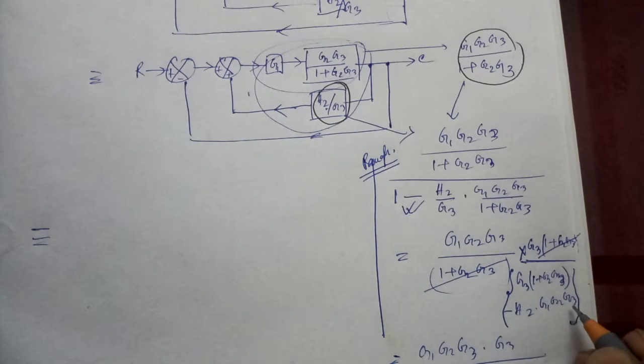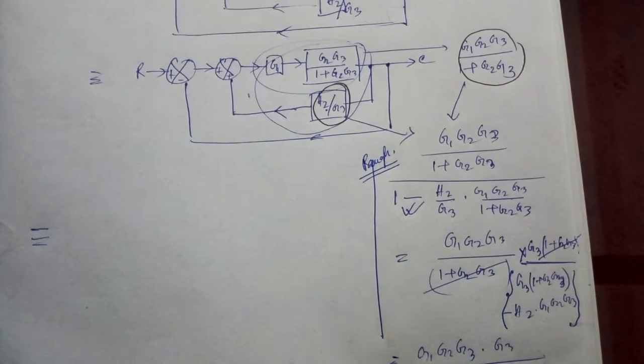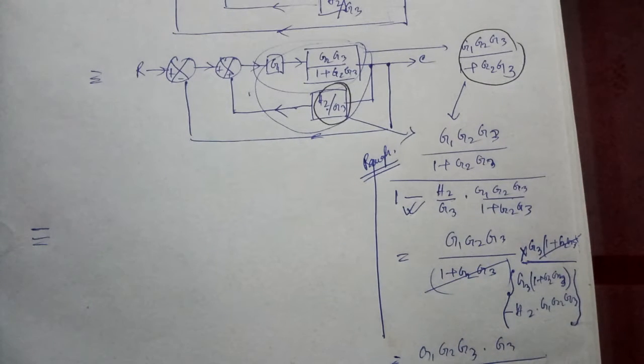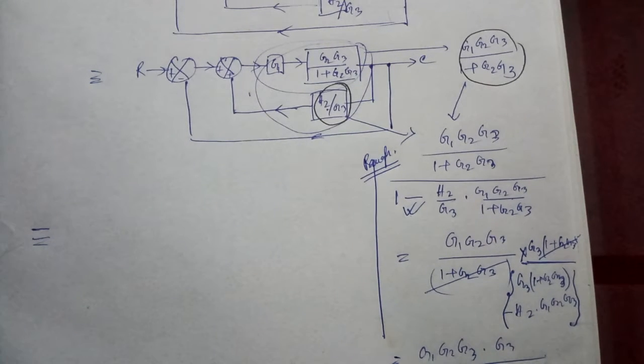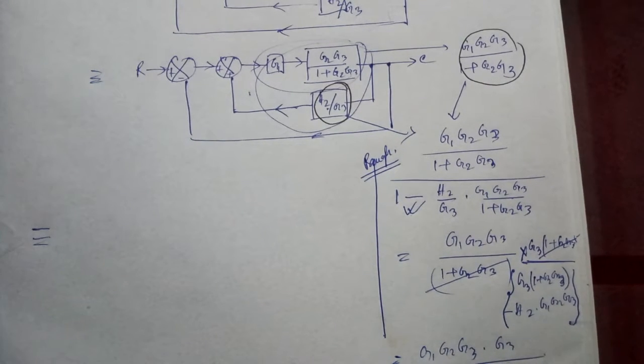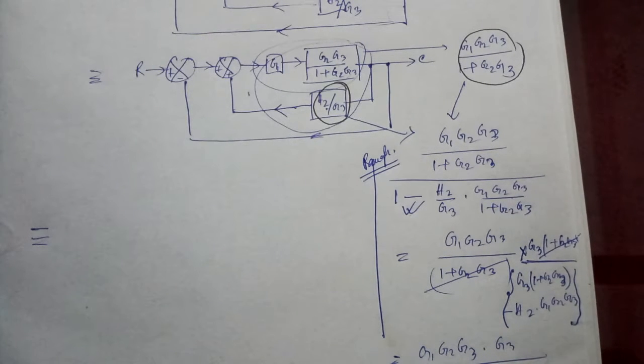In this portion I can take common the G3, and then it will become G3 into 1 plus G2 G3 minus G1 G2 into H2.